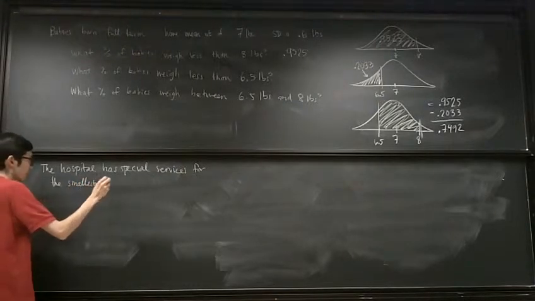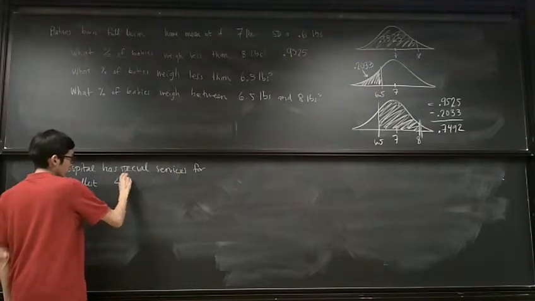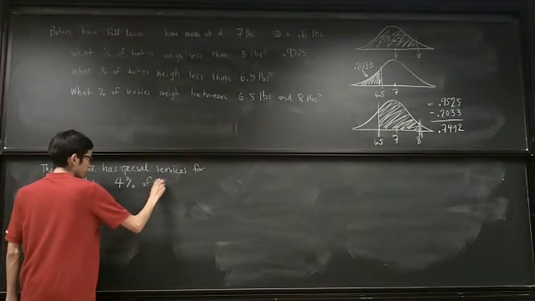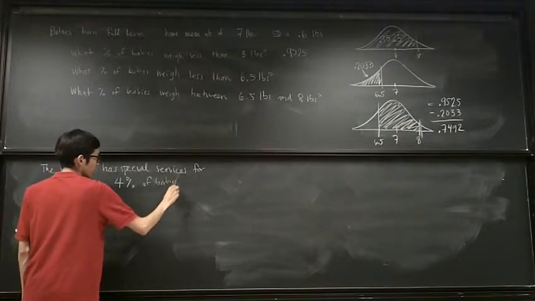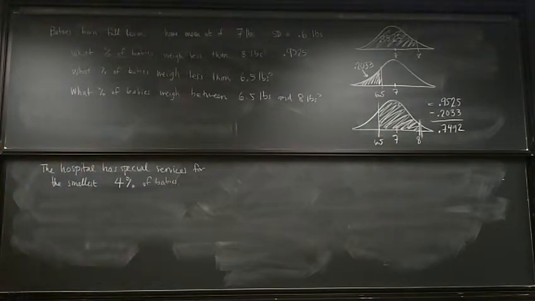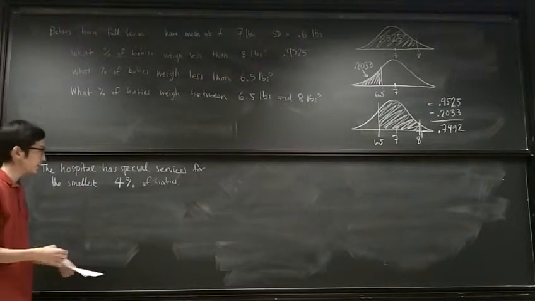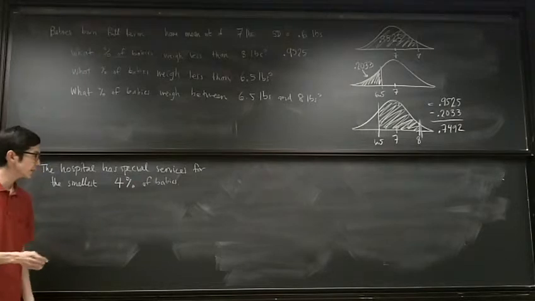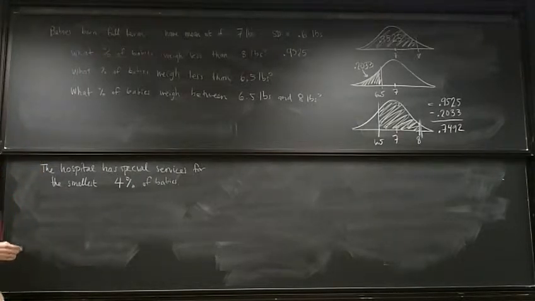Or let's say the smallest 4% of babies, or the lightest 4% of babies. So, at what weight do they consider a baby to be eligible for the special services?